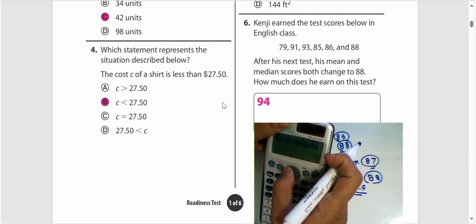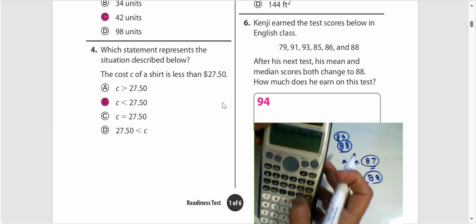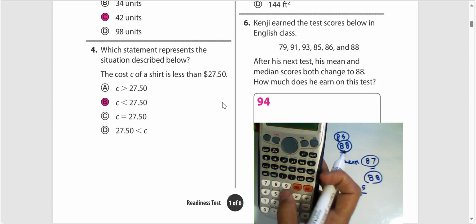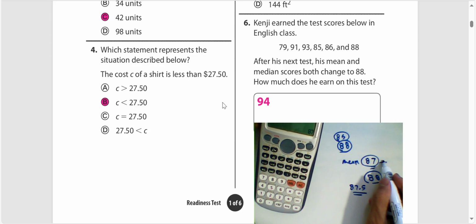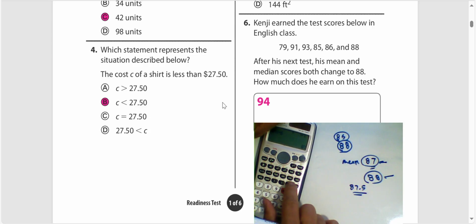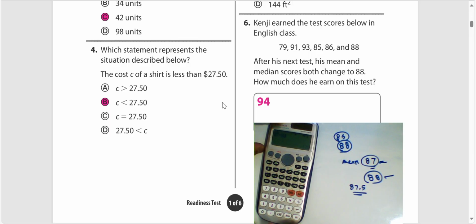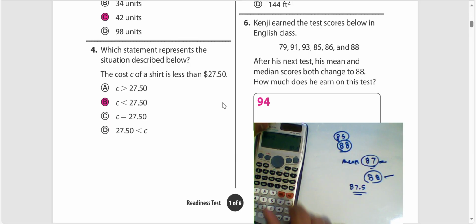Okay, and we change 85, divided by 6 equals 87. We can find the median: 87 plus 88 divided by 2 equals 87 and a half.